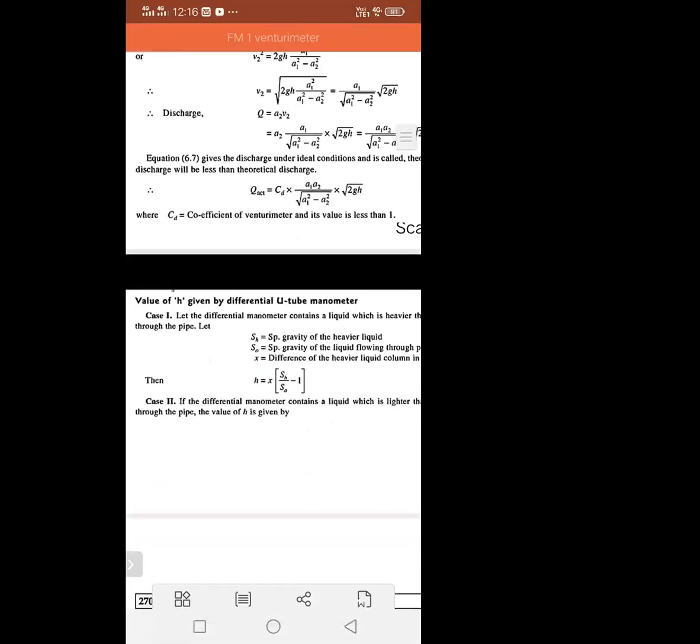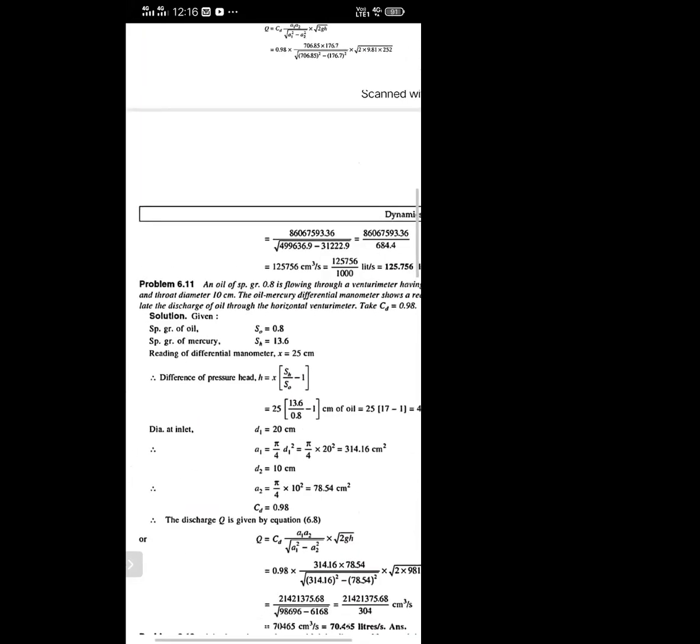Therefore, the difference of pressure head small h is given by h is equal to x in bracket Sh upon S0 minus 1, because here in the differential manometer the heavier liquid is present. That means the first case is applied in this problem.